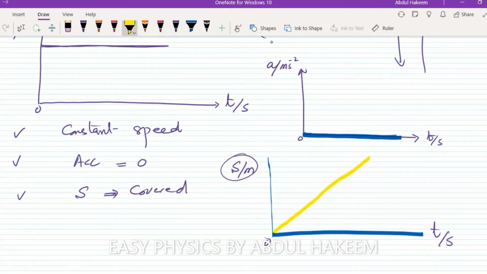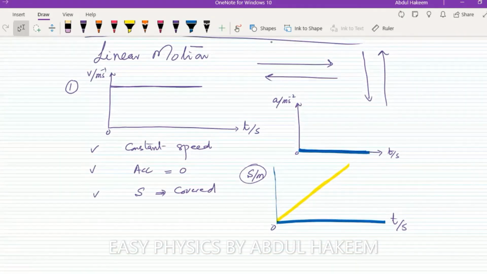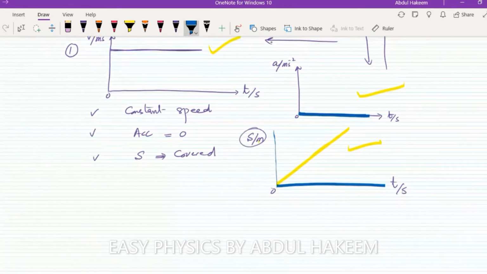So this is the graph. So this is number one. When the speed is constant, acceleration is 0, the gradient of distance time graph is this. I mean, the distance is increasing uniformly. This is the first one.